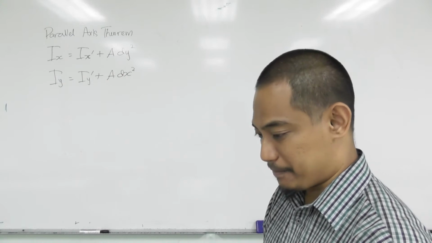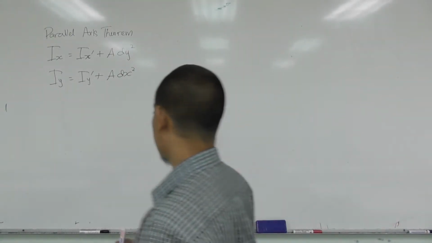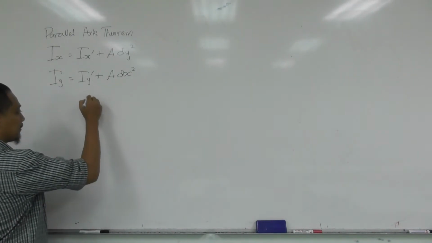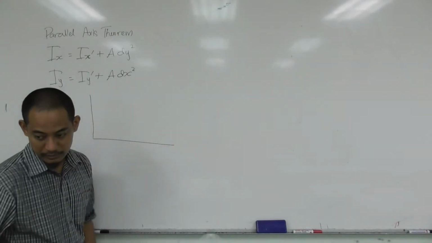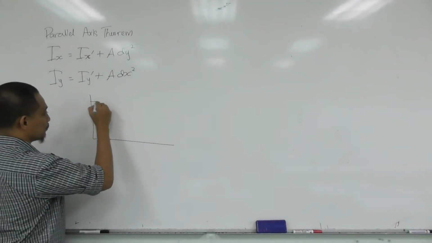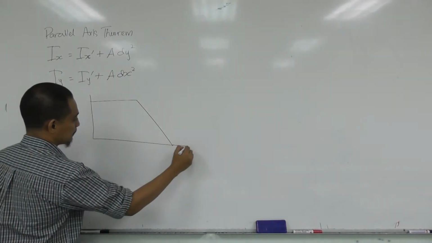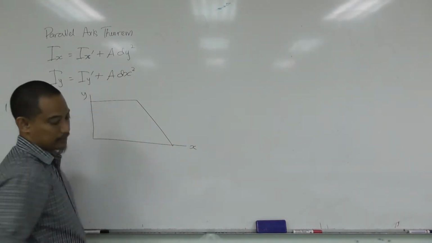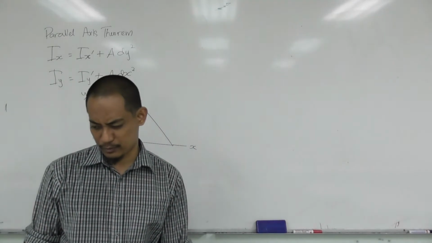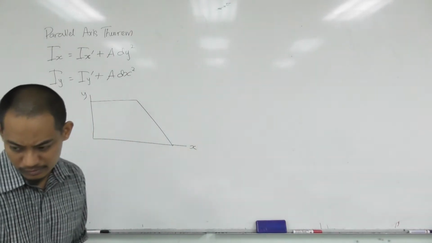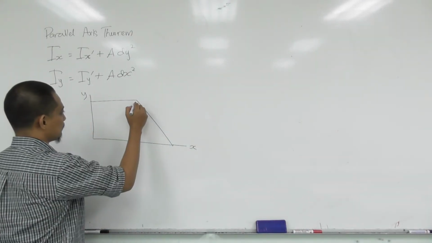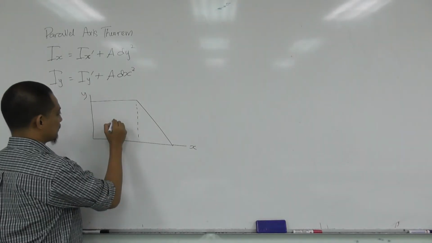Basically, the shape is like this, right? So you have the shape like that, with x and y, and basically a middle here.